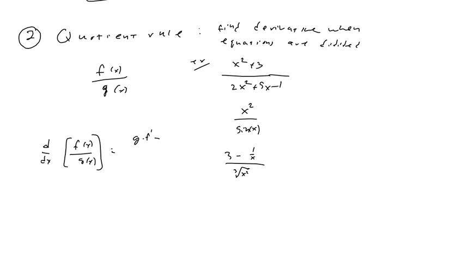So it's kind of like the product rule, right? You do the bottom one times the derivative of the top. The bottom equation, you bring it up, times the derivative of the top equation, minus, quotient rule has a subtraction, minus the top equation times the derivative of the bottom. And that whole thing is divided by the bottom equation squared.